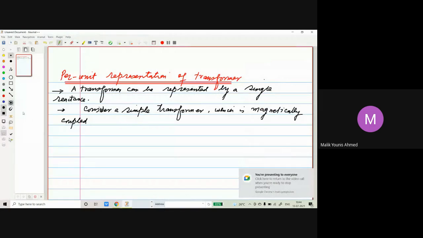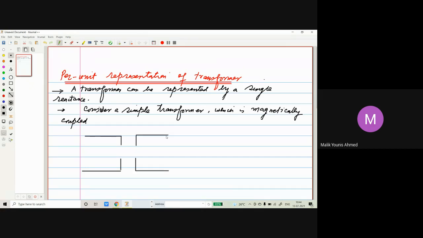Let me draw this magnetically coupled transformer. So we have the primary side.